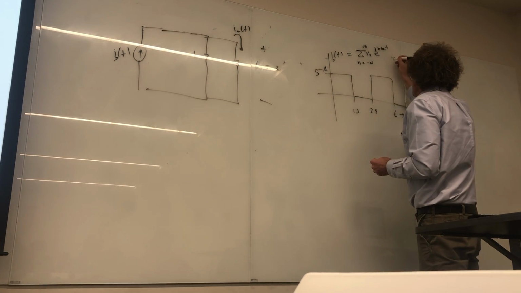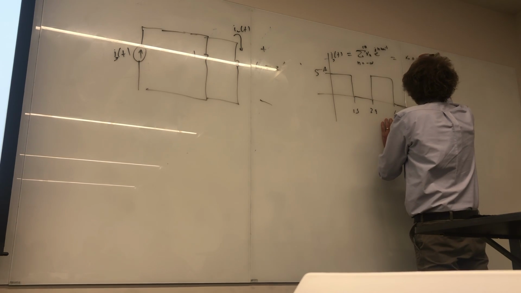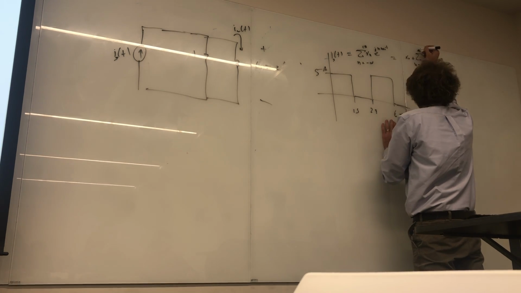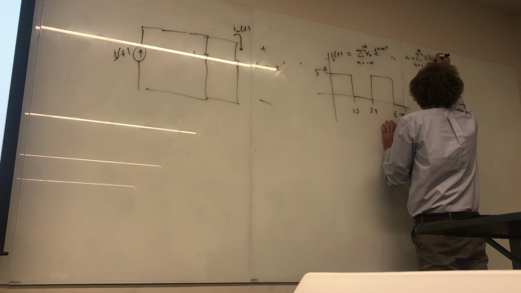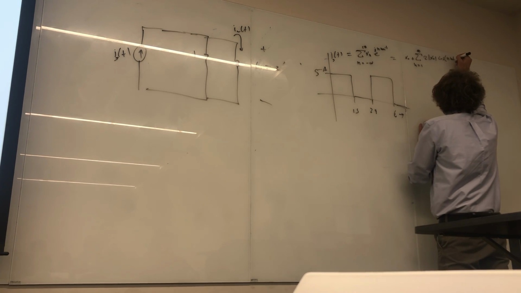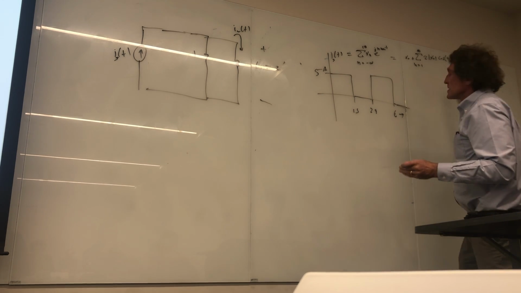That also means it's equal to x0 plus the summation from n equals 1 to infinity of 2 times the magnitude of x n times the cosine of n omega naught t plus the phase angle of x of n. You all remember that. This is the cosine series that we always use.